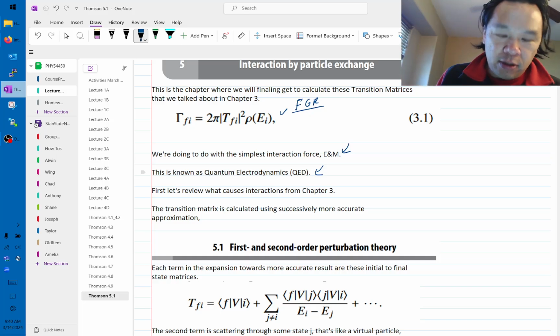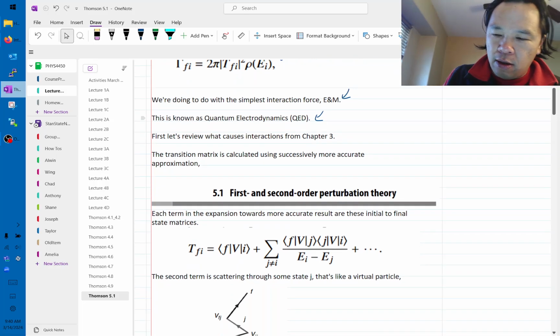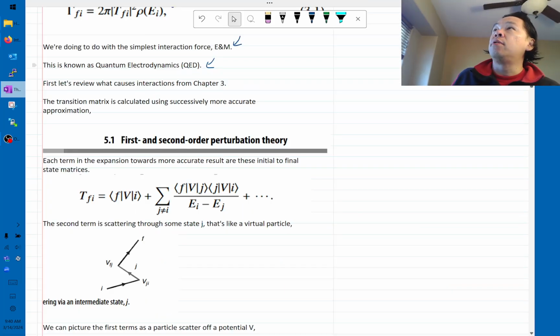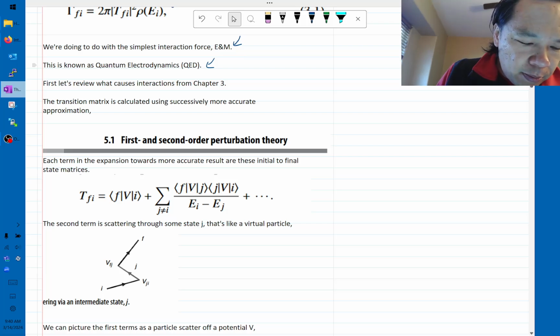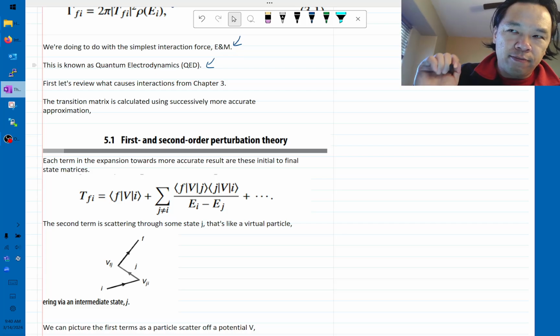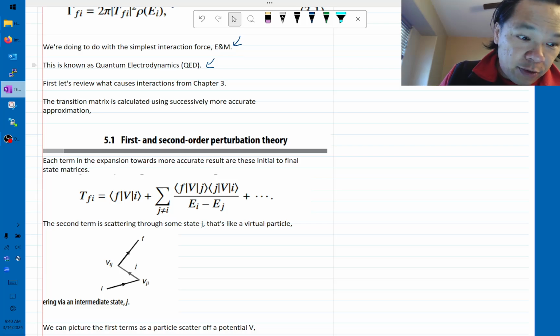So here we're going to look at quantum electrodynamics and get a full description of how we utilize QED to describe electrons, muons, photons, taus, those types of particles scattering off each other only through the electromagnetic interaction using the photon.